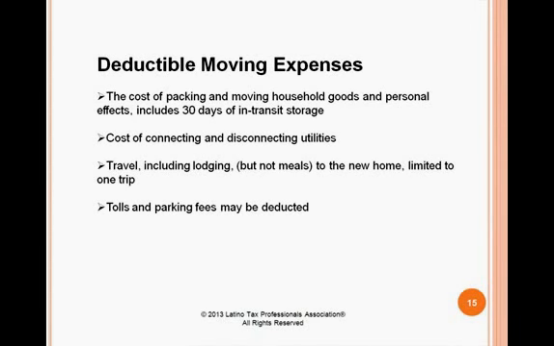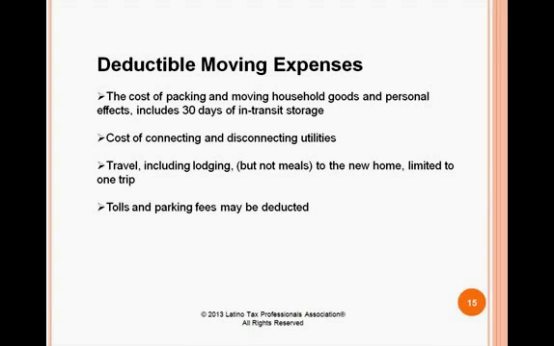The qualifying deductible moving expenses are the cost of packing and moving household goods and personal effects, which includes 30 days of in-transit storage, the cost of connecting and disconnecting utilities, and travel, including lodging, but not meals. The IRS considers meals something you've got to do whether you're moving or not.